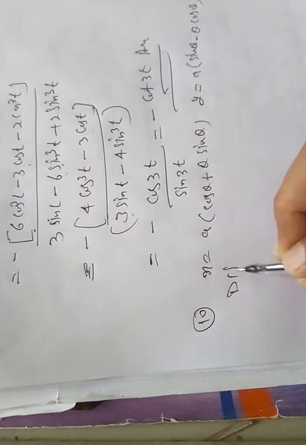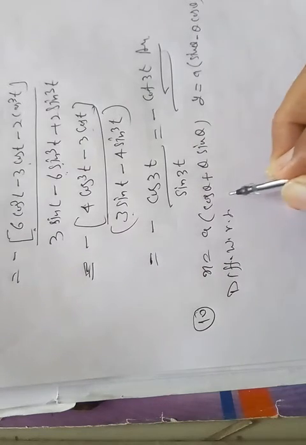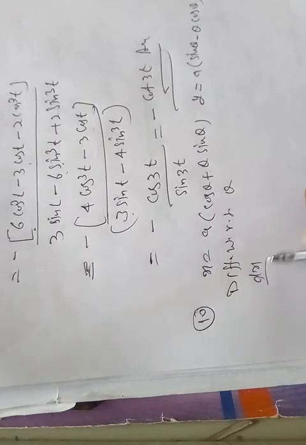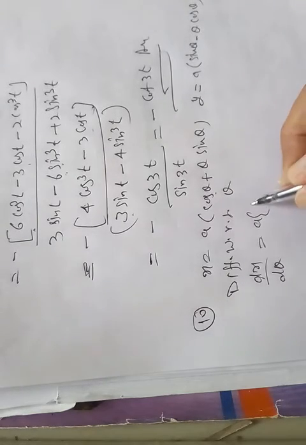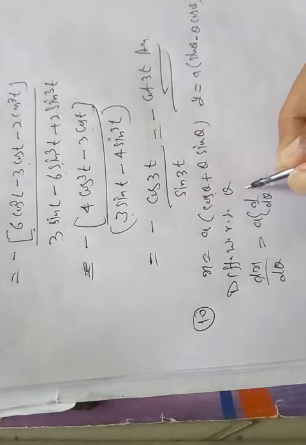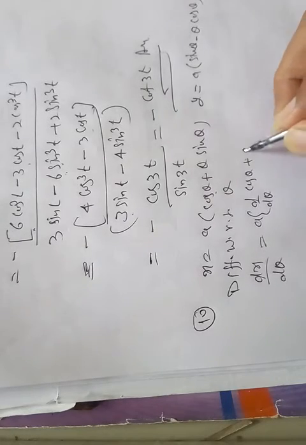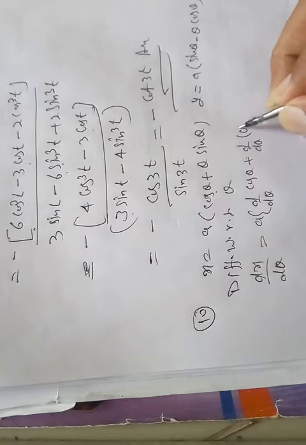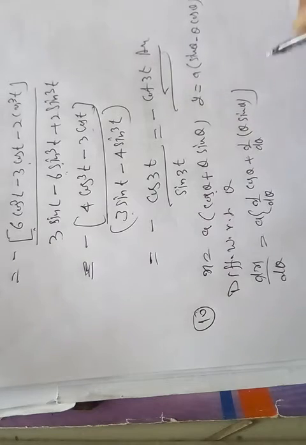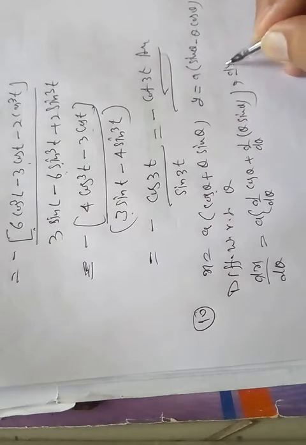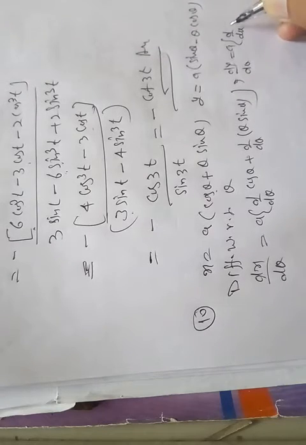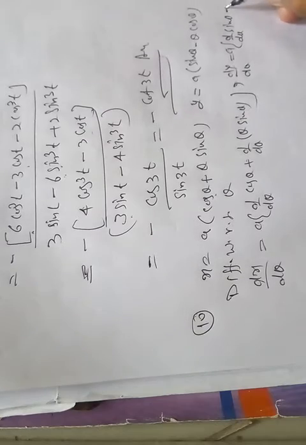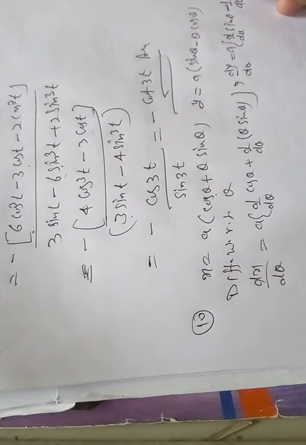Differentiate with respect to theta. dx/d theta equals a d/d theta of cos theta plus d/d theta of theta sin theta, and dy/d theta equals a d/d theta of sin theta minus d/d theta of theta cos theta.